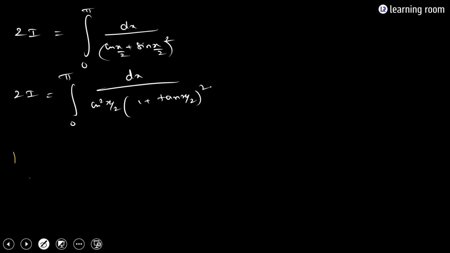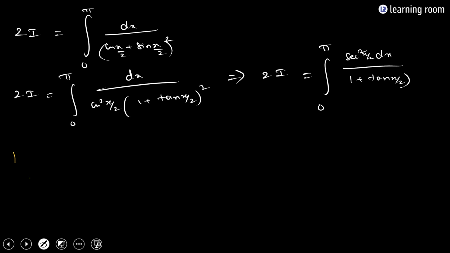But I have to divide the sin x by 2 by cos x by 2 to compensate, so it becomes 1 plus tan x by 2. So this implies 2I is equal to integral of 0 to pi secant square x by 2 divided by 1 plus tan x by 2 the whole square.